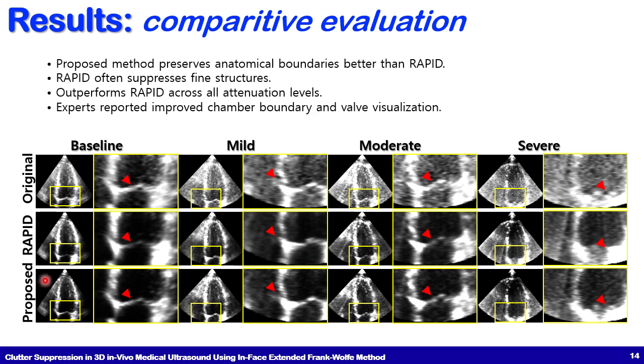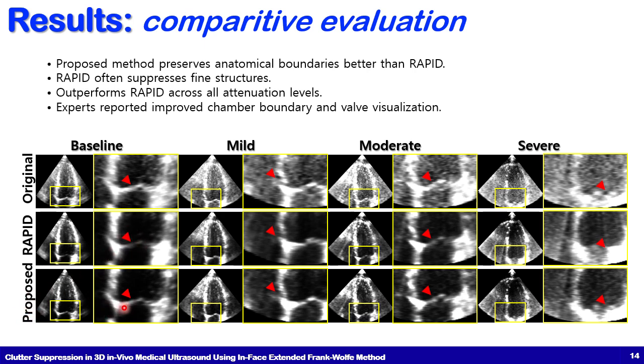So here you can see in the results that the baseline has this anatomical structure and clutter is on the top. Although RAPID suppresses the clutter, because of the very low frame rate, this valve shows rapid motion, and it is filtered out by the simple spatial filtration technique or simple temporal filtration technique.